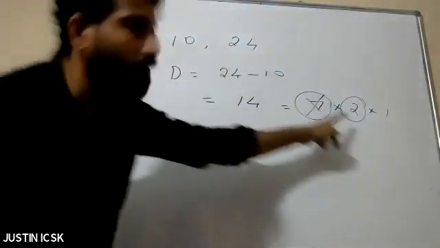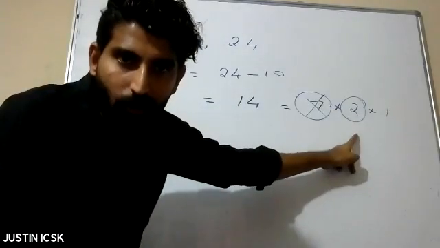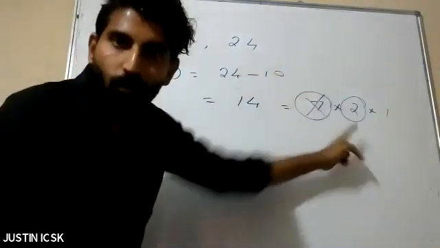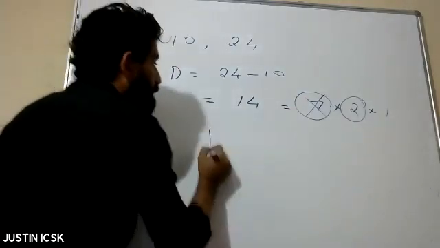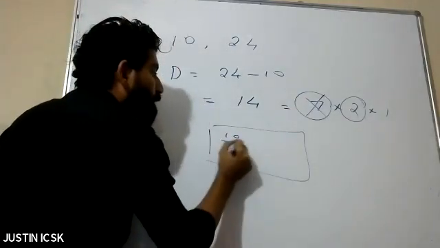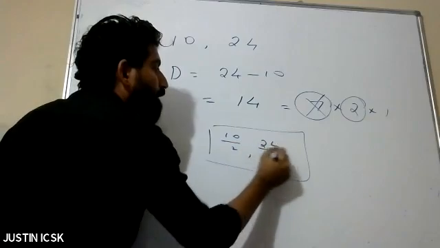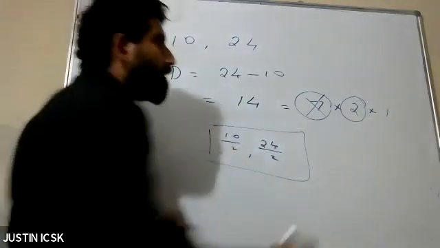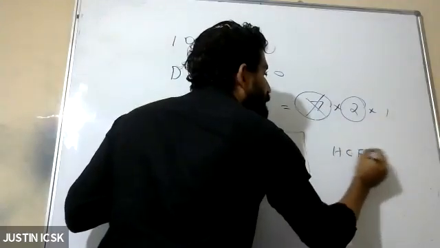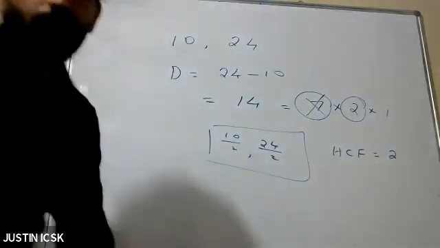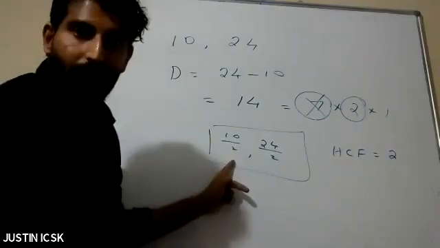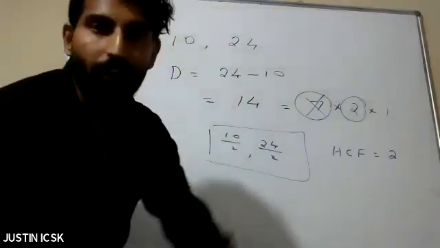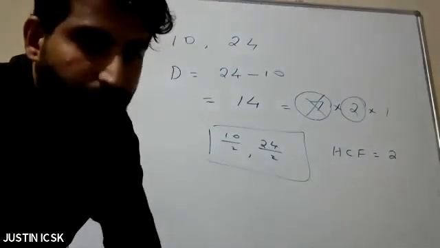Now I check 2. 10 by 2 is possible, and 24 by 2 is possible, right? So 10 we can divide by 2 and 24 we can divide by 2. So our HCF is 2.